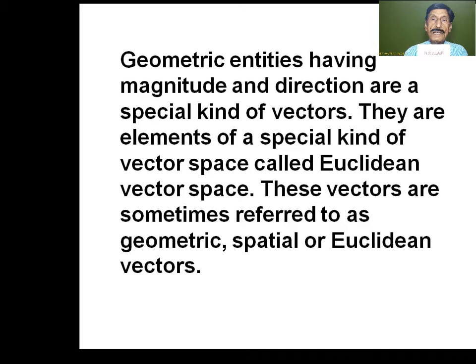They are elements of a special kind of vector space called Euclidean vector space. These vectors are sometimes referred to as geometric, spatial, or Euclidean vectors.